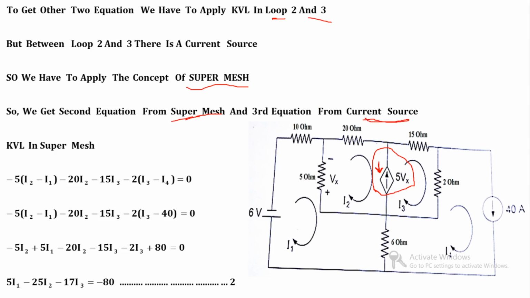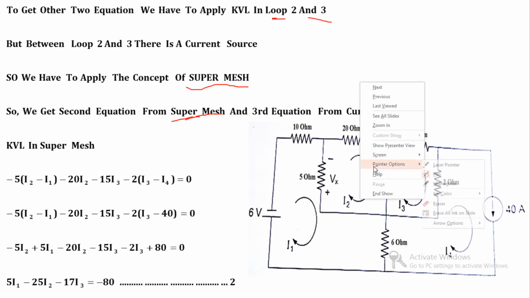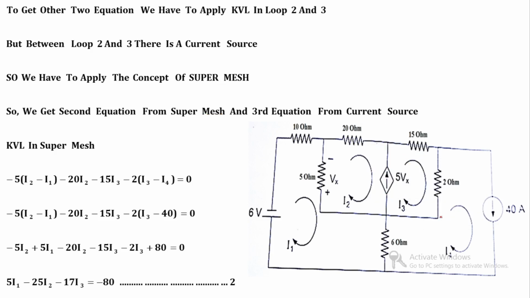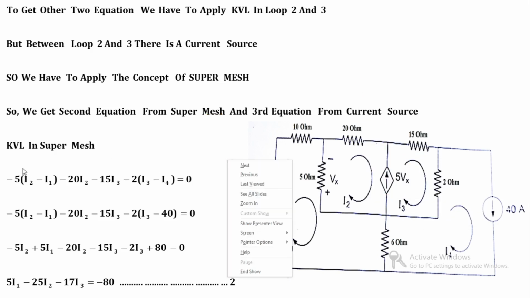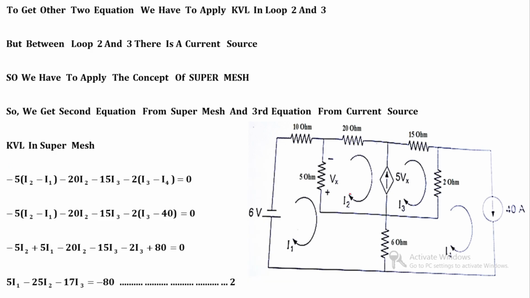So let's apply Kirchhoff's voltage law in the super mesh. Let me mark the polarity for I2. This is the plus sign, this is the minus sign, this is the plus sign, this is the minus sign. Again plus, minus, again plus and minus. We are going to open this current source.